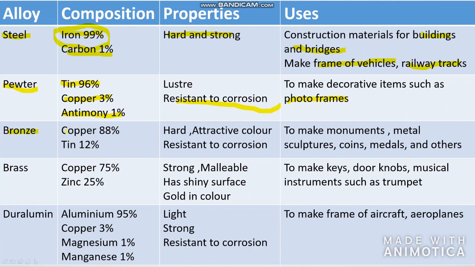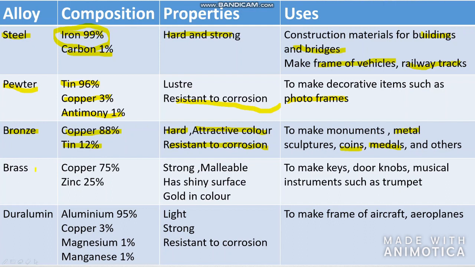The major composition is copper 88% and also tin 12%. The property of bronze is hard, attractive color and also resistant to corrosion. Untuk penggunaan anda, biasanya alloy dia memang resistant to corrosion and it is hard. Okay, so bronze, the kegunaannya iaitu untuk membuat duit siling ataupun piala dan sebagainya.